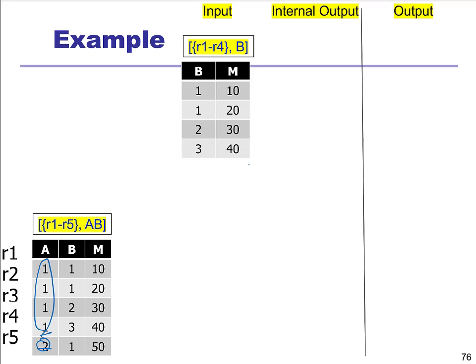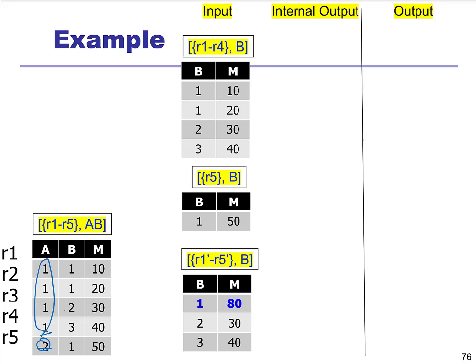So this is the first slice, where A equals 1, and this is the second slice, where A equals 2. Then we have this internal output where we do the computation.